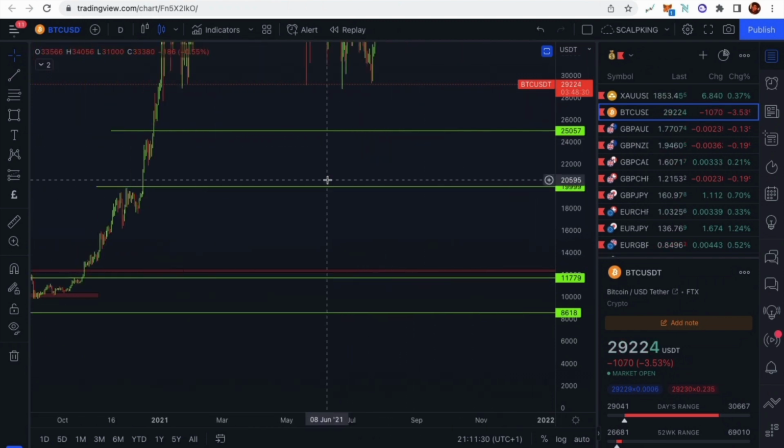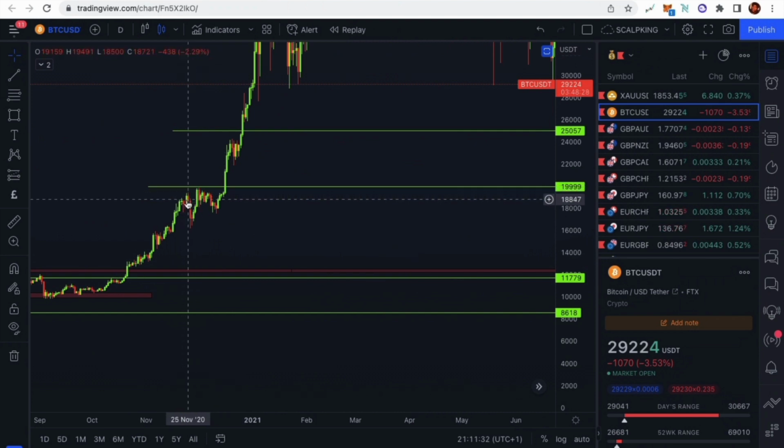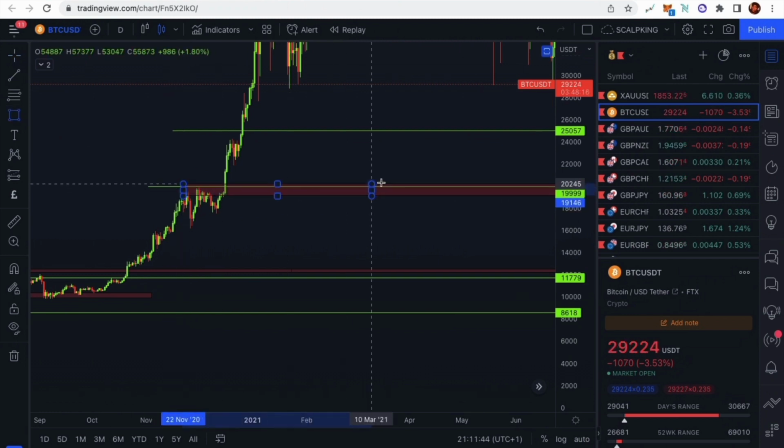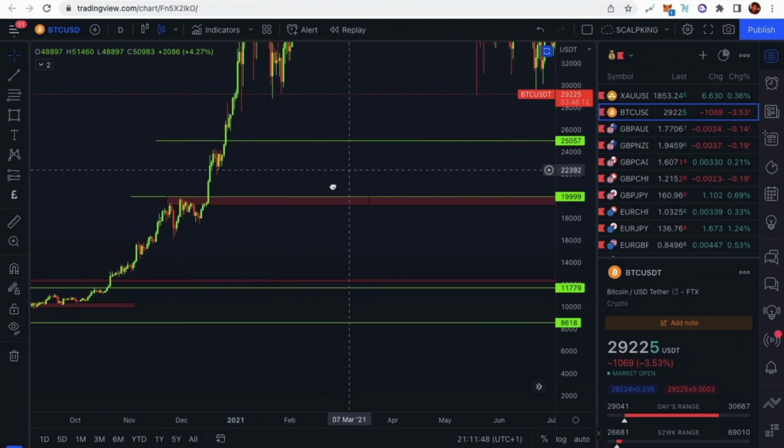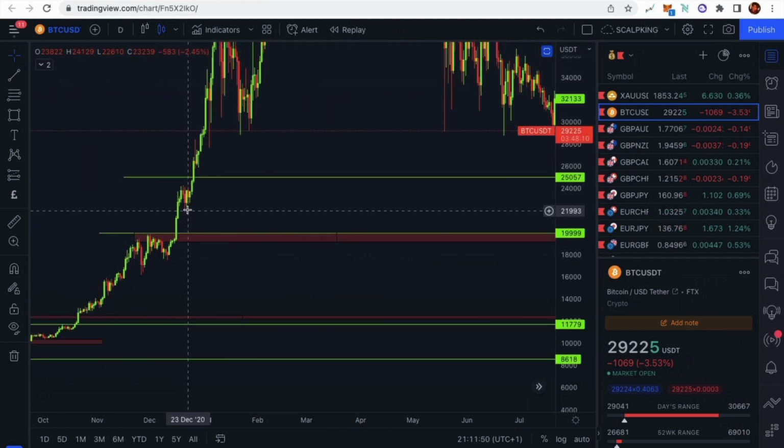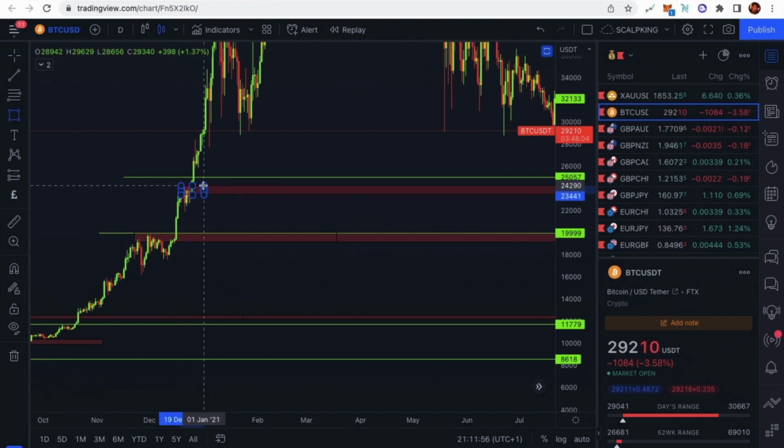We've got this area here where structure was broken. Inducements, imbalances. These are all reasons for them to come back. These nice little areas here. Structure broken, no mitigation. They never came back here. They're saving it for a later date. These are nice little zones.